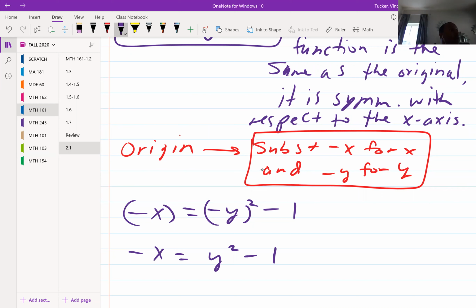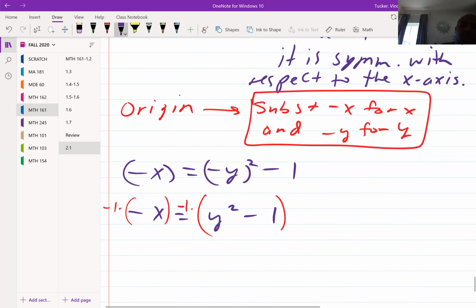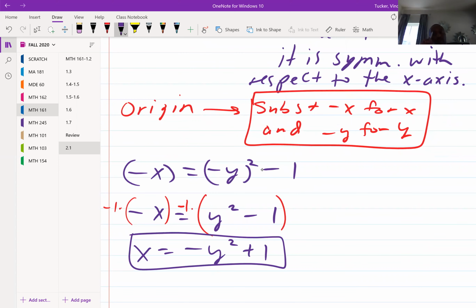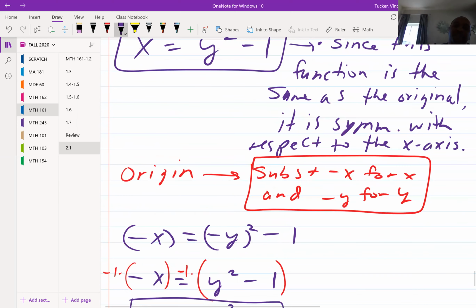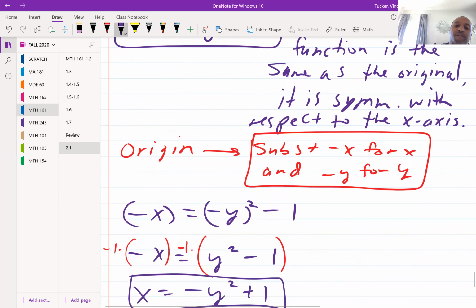So once again, negative y squared is just y squared when you simplify it as much as possible. And multiply both sides by -1. That'll be x equal to negative y squared plus 1. And remember our original equation was x equal to y squared minus 1.